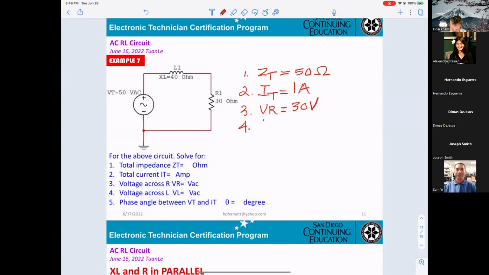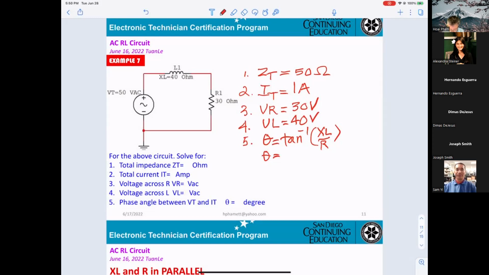Number 4, VL: 40 times 1, 40 volts. And number 5, tan⁻¹. You get approximately 53.13 degrees.